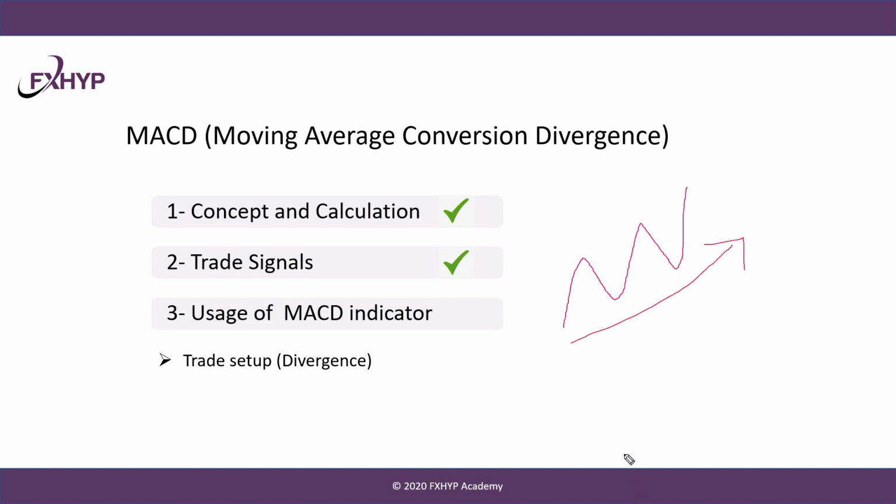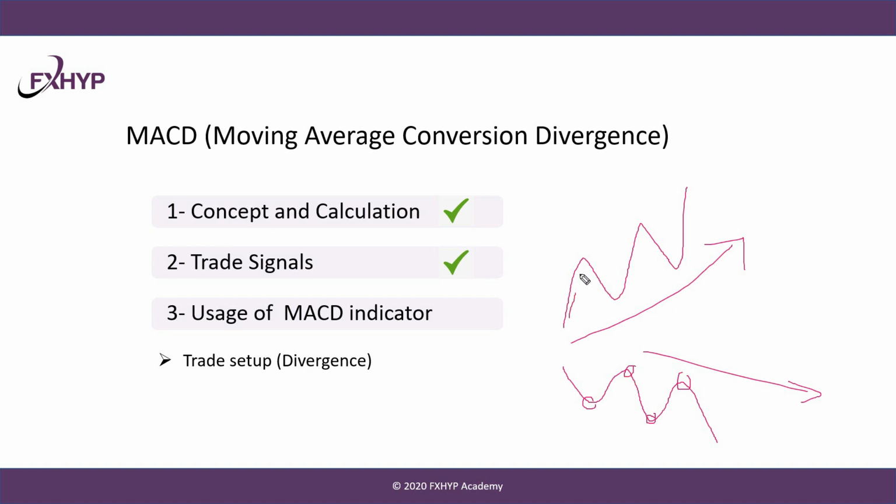No question on that. But what if the indicator or MACD line gave us the opposite direction, lower highs, lower lows to the downside? And this is a momentum indicator. This is what we call divergence.